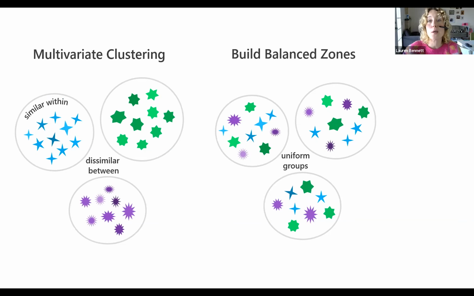So we would want the box plot of the groups we create with build balanced zones to all fall in the same exact place, because they'd all be reflective, they'd all match essentially. And so it's a very different question. The way that we accomplish this is using a genetic algorithm, which is pretty cool, and we're going to talk conceptually about how it works.